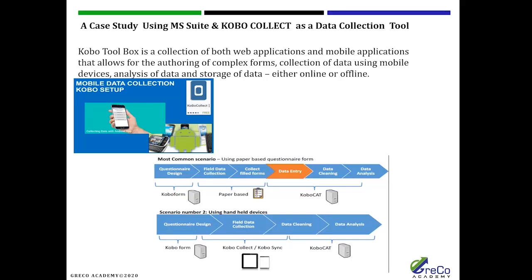So I will suggest that you go online, search for mobile data collection, Kobo setup, how to set it up on your Android and on your system, and then try to play around with it. Go online, you see a lot of manuals, a lot of procedural documents that can be used to carry out this important assignment.